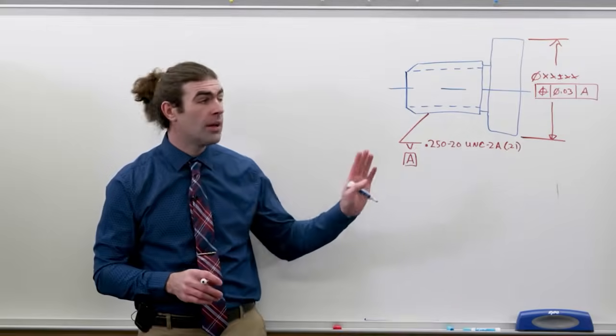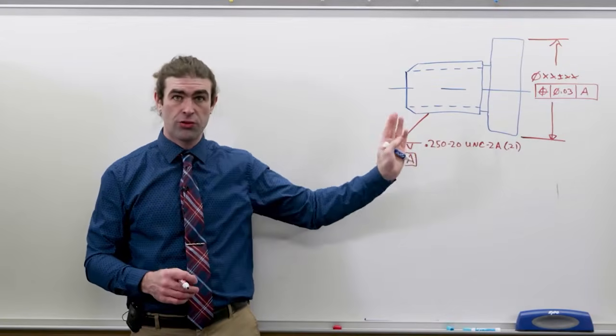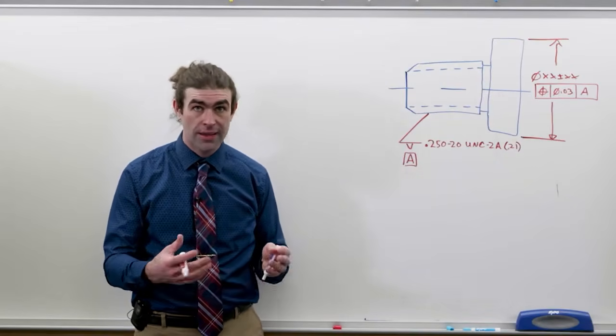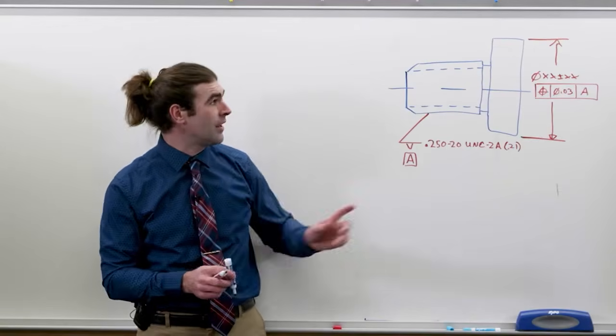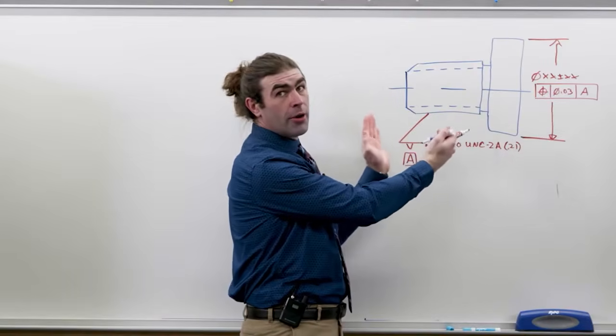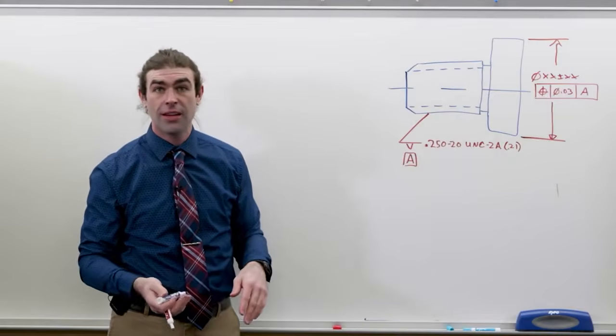So in this example, we've got a thread and then a diameter that's positioned to the thread. If the thread is what is controlling everything in that part, then it should be the datum if it's the most important thing. In this case, there's a whole lot more length for the thread to grab onto than there is for this diameter, so it makes sense as a datum feature.